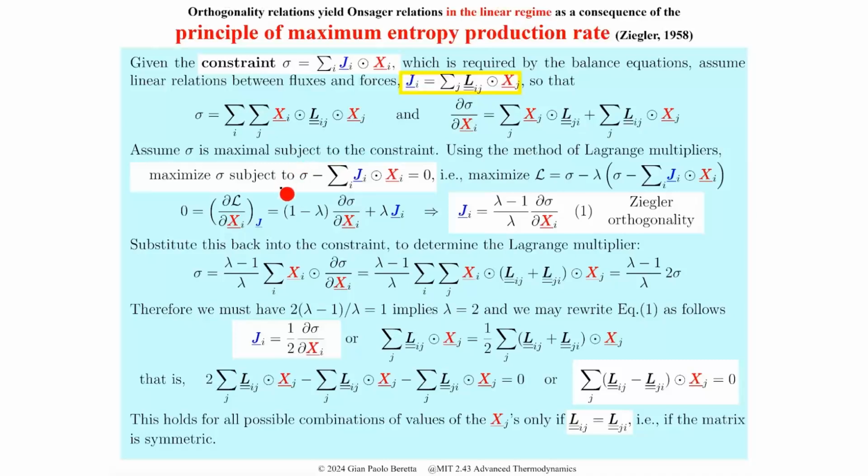And the procedure was just the same. We assumed that the material in the linear regime, so we assume a linear relation, and the linear relation is therefore in terms of this tensor here, L.